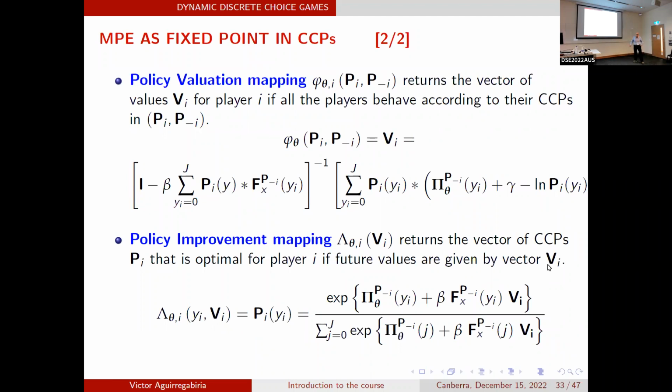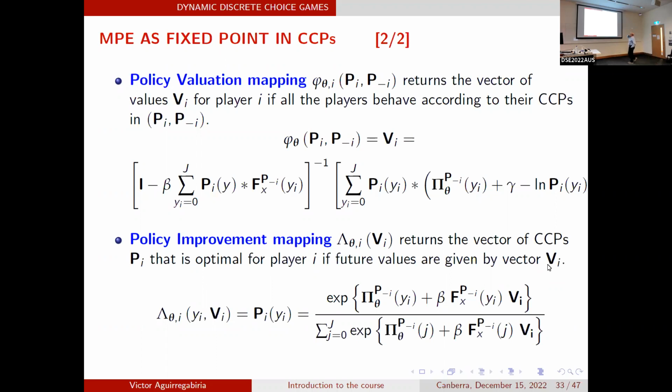Again, if we assume that these private information epsilons take the type 1 extreme value distribution, we can get a more explicit, concrete expression for these policy valuation and policy improvement operators. Very similar expressions as before. What is the difference?